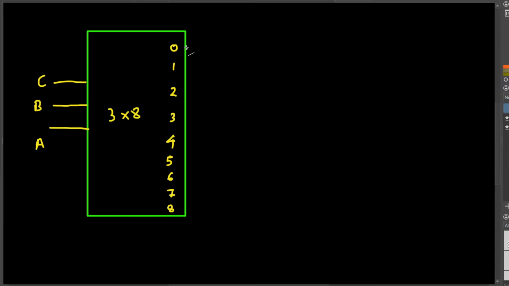We have 3 inputs, A, B, and C. And we have 8 outputs, that is 0, 1, 2, 3, 4, 5, 6, 7. And this one is the 3x8 decoder. I put a line for each of them.